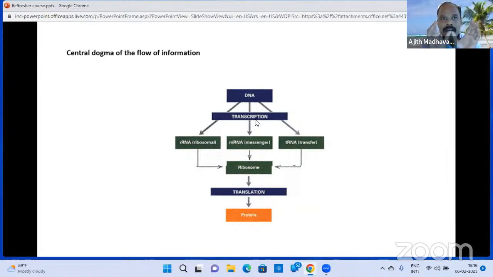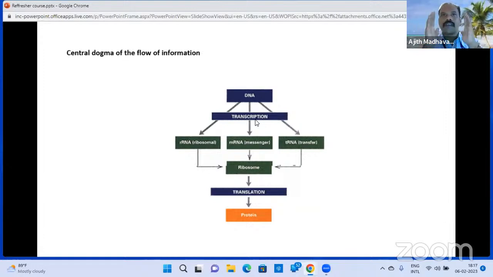So the information written in 4 letters of nucleotides is converted to another language, information that is written in 20 letters. The letters are called amino acids, and the sentences and the words are called proteins. Now you know the flow of information from DNA to RNA by the process of transcription, to proteins by the process of translation.